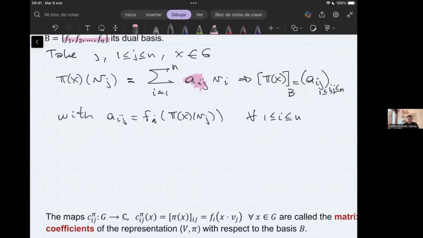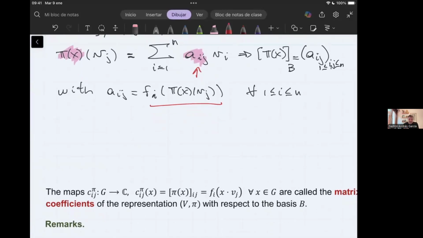So you see here that we can describe the action of any element x by a matrix, the matrix given by these coefficients. So if we understand this formula for any x when we fix a basis, then we understand the representation.